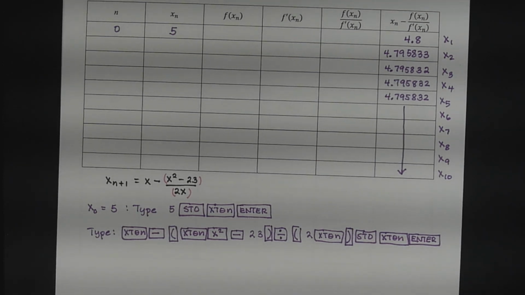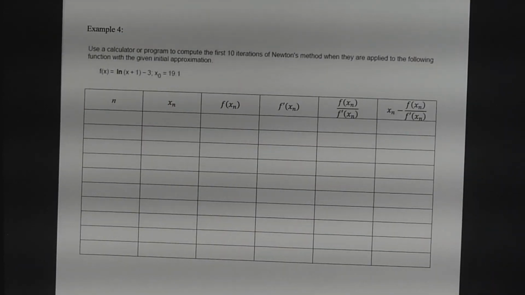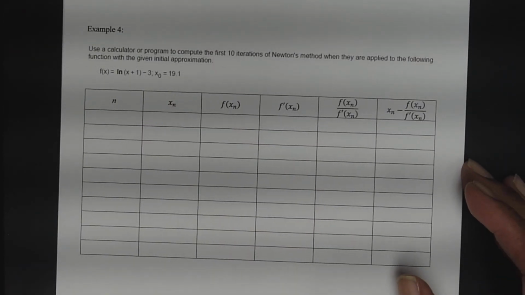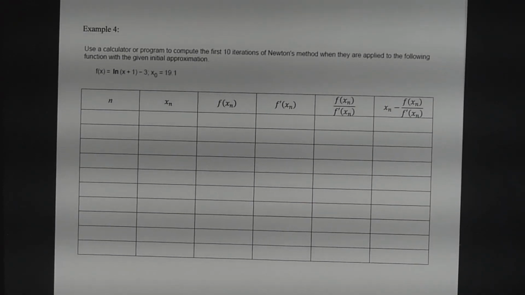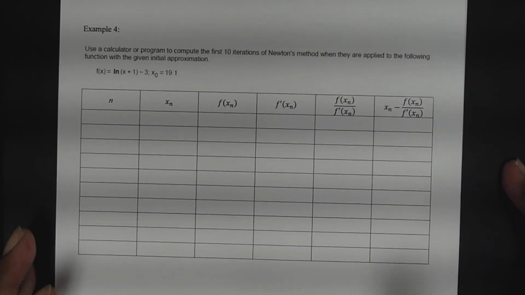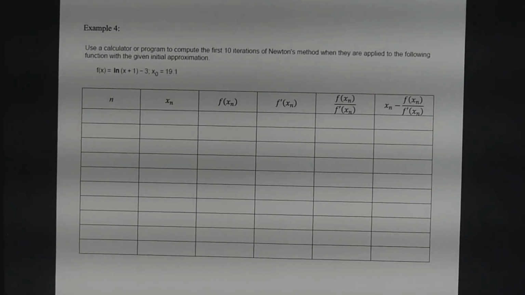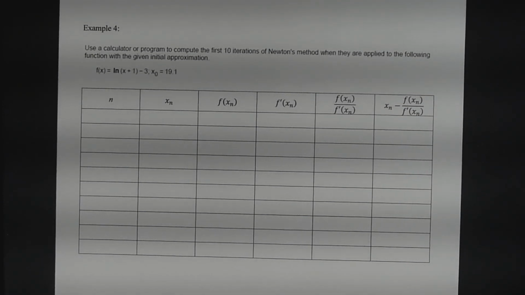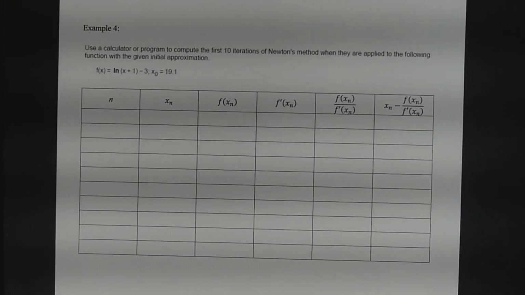And finally, example 4. Again, we're going to use the calculator to compute the first 10 iterations of Newton's method when they are applied to the following function with the given initial approximation. Here we got f of x equals the natural log of the quantity x plus 1 minus 3. And here our x sub 0 is going to be 19.1.